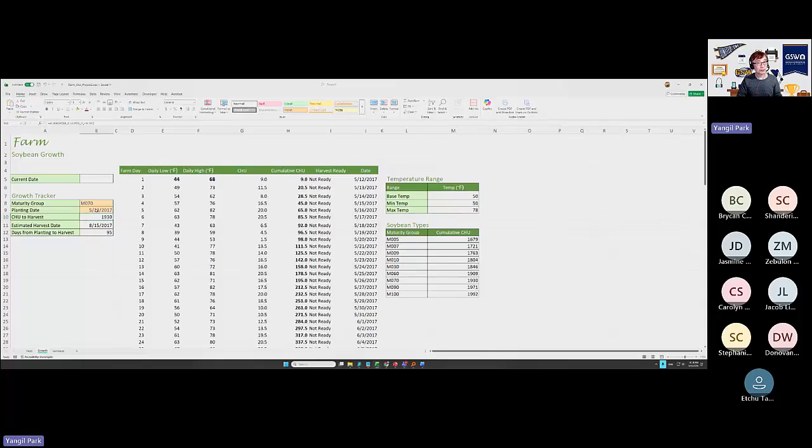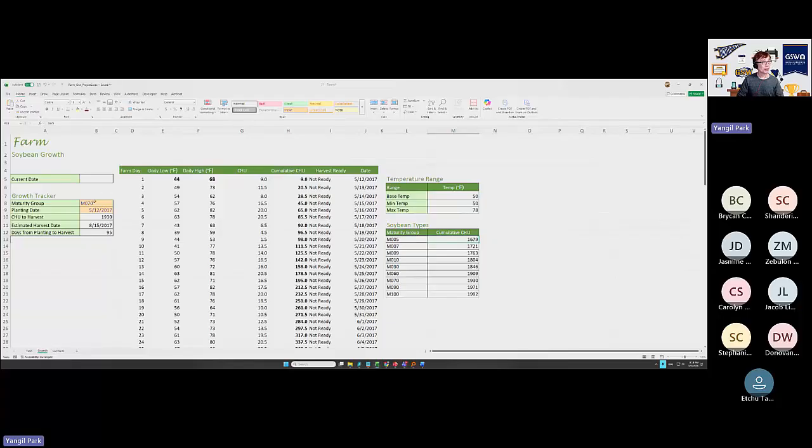Where does this number come from? It's right here. Depending on the soybean type, they developed the optimum level of CHU, the optimal level of temperature combined with the formula. If the soybean type is M005, it's 1,679, and the cumulative number must be close to this so that you can harvest.